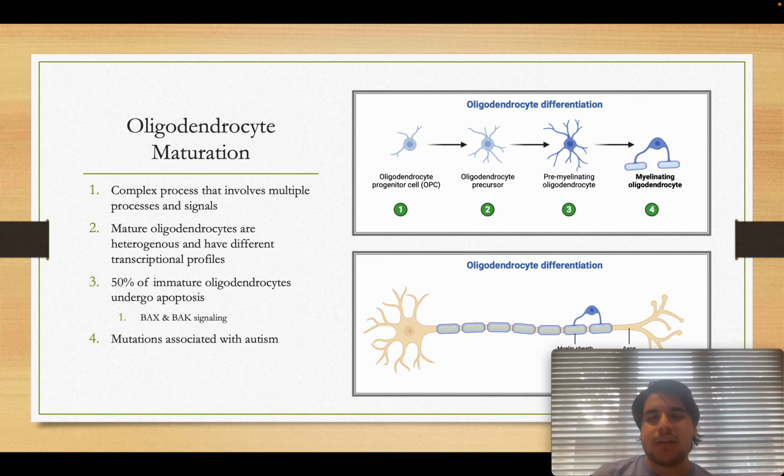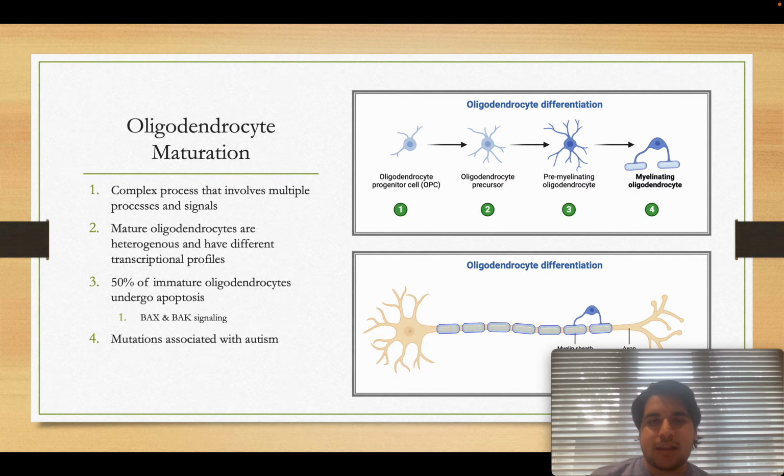So now we will specifically talk about oligodendrocytes and how they mature and develop the myelin layer in the central nervous system. Basically, this is a very complex and intricate process with multiple signals, and it is tightly regulated. First, we have the oligodendrocyte progenitor cell.